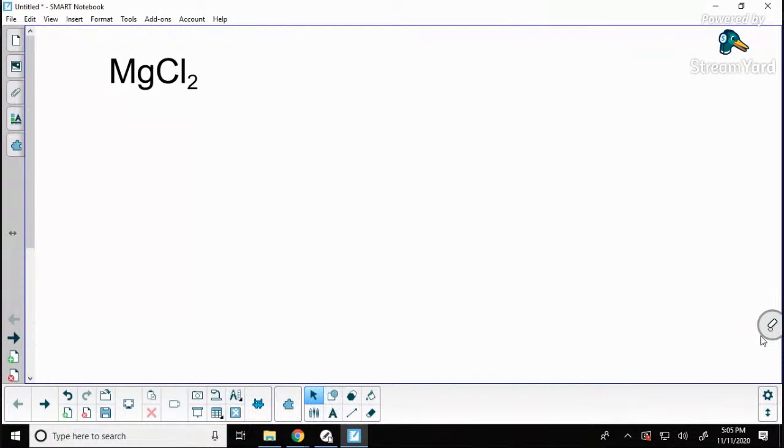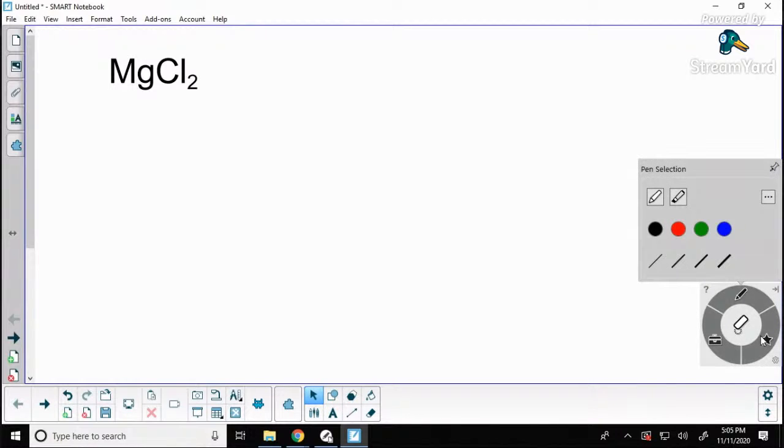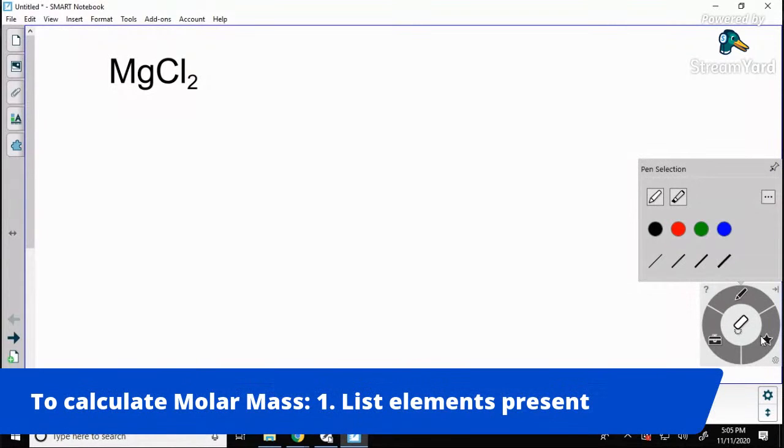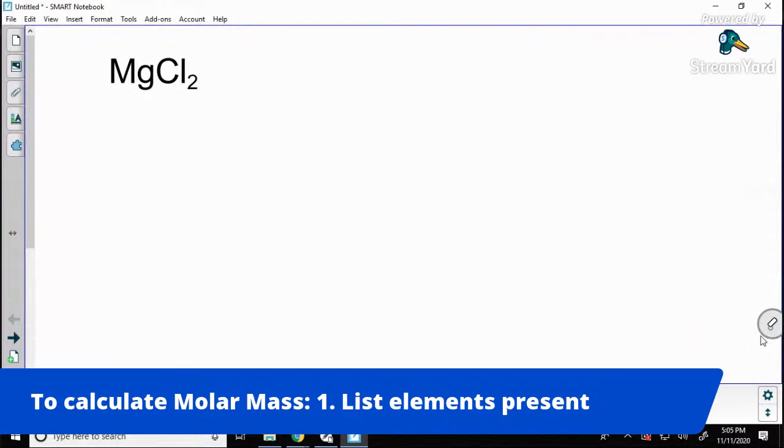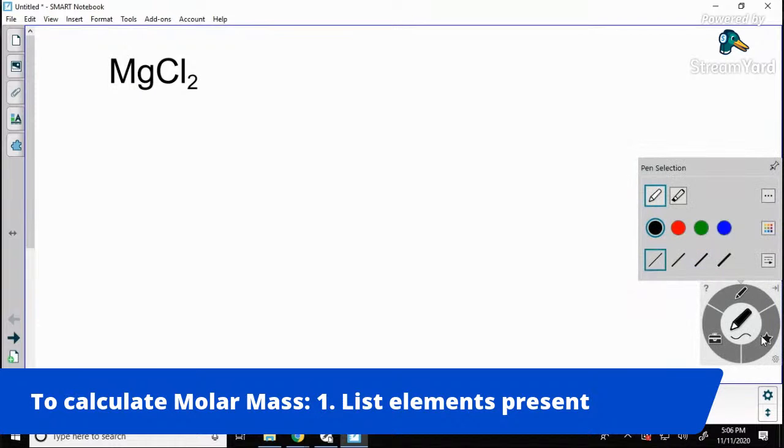When we're looking at magnesium chloride and we go through these rules, again, the first thing that I want to do is list the elements that are present. So I have magnesium and I have chlorine.